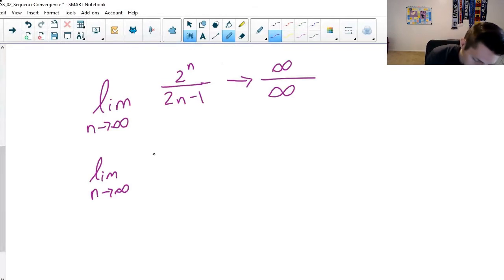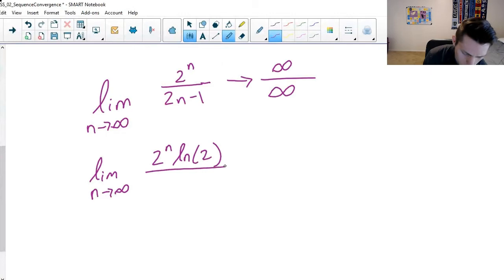Derivative of 2 to the nth, we talked about a couple times here. Derivative of 2n minus 1. I don't know what that derivative is. Someone ask Carter. He's the derivative master.